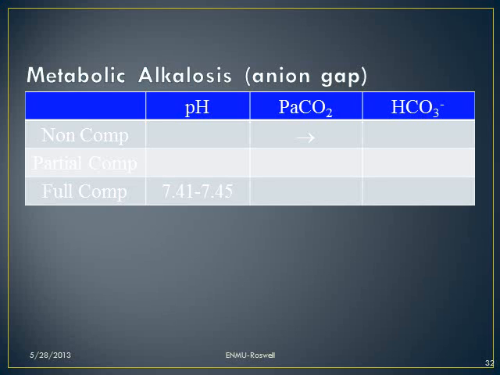CO2 is going to be high. And bicarb is going to be high. Fully compensated, we will have a pH of 7.41 to 7.45. CO2 is going to be high, and our bicarb level is going to be high.